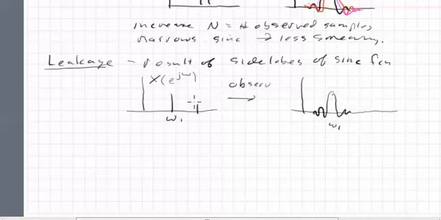But look at this low level sinusoid at omega 2. It's going to look like this. Now the problem is that you see these side lobes. That there is referred to as a side lobe.